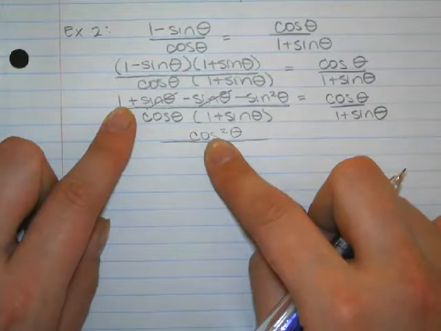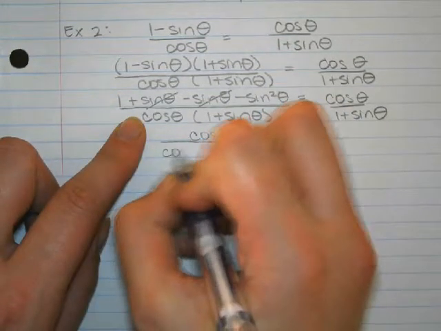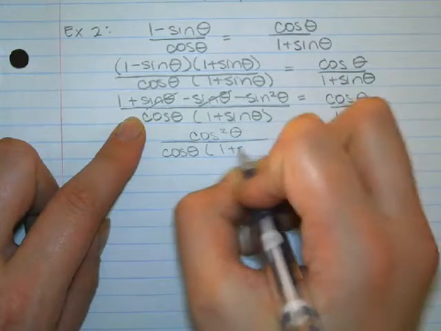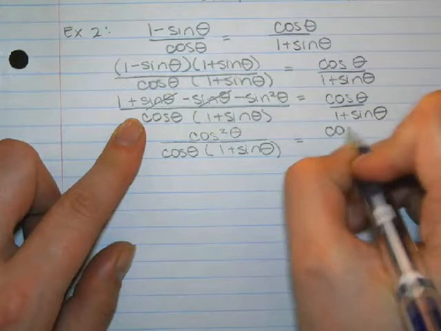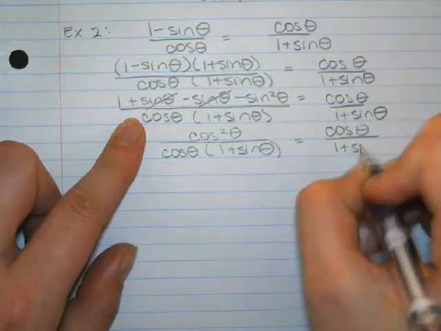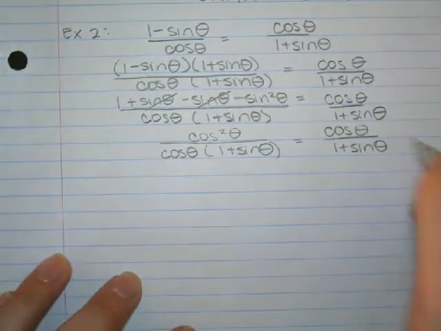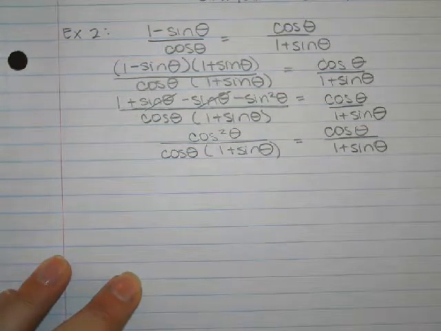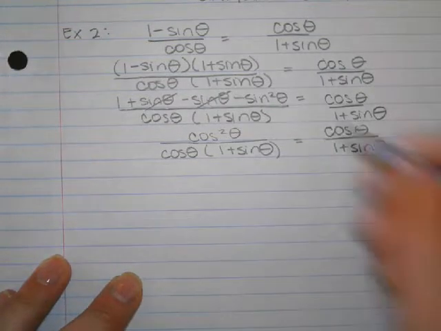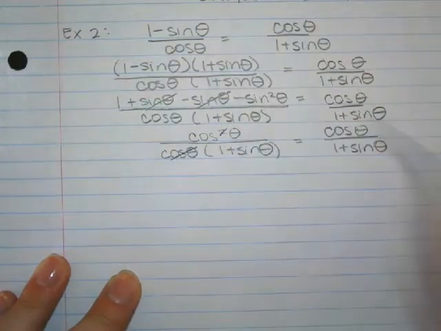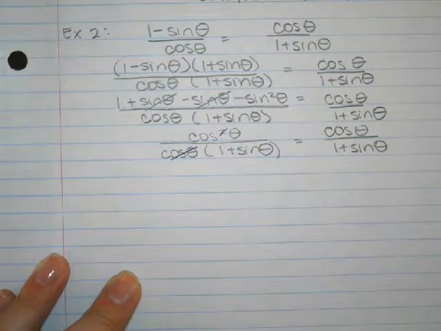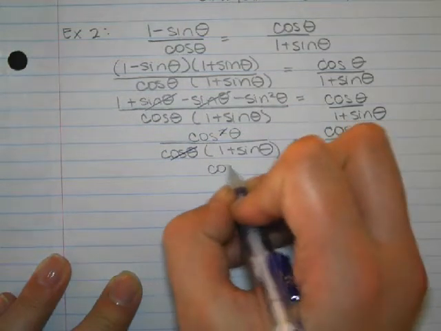Over cos times 1 plus sine theta. And then what happens? Yeah, you can cancel a cos. 1 cos on the top can cancel with 1 cos on the bottom. And what do you see now? You are done.